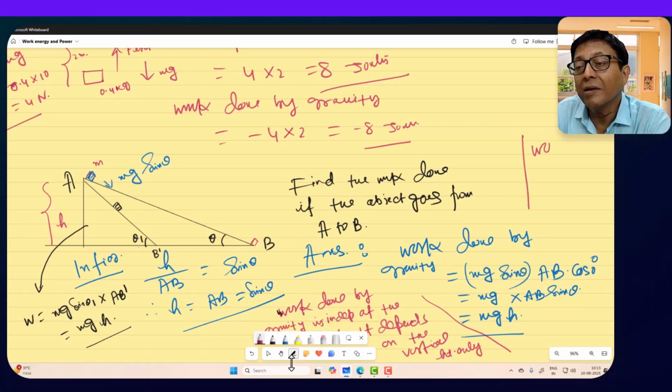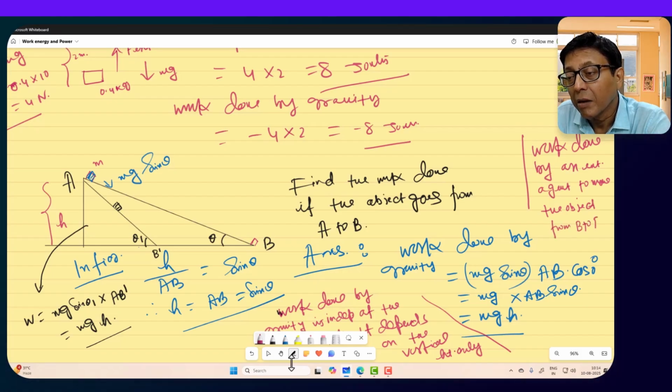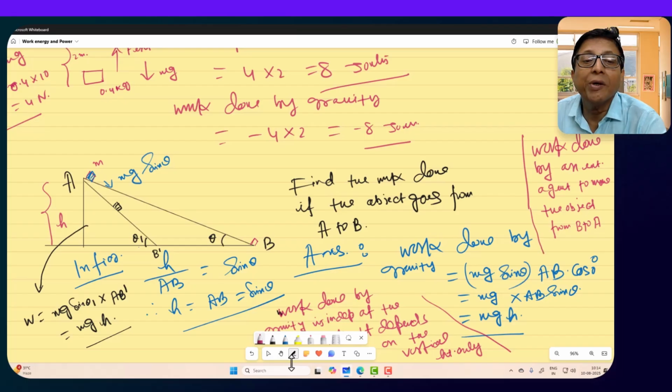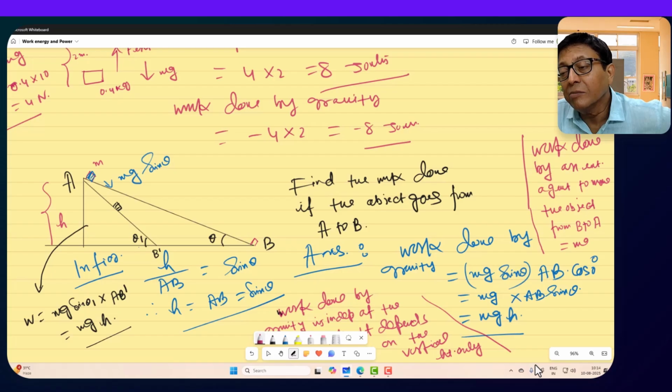Work done by an external agent to move the object from B to A will be the same expression, mgh.